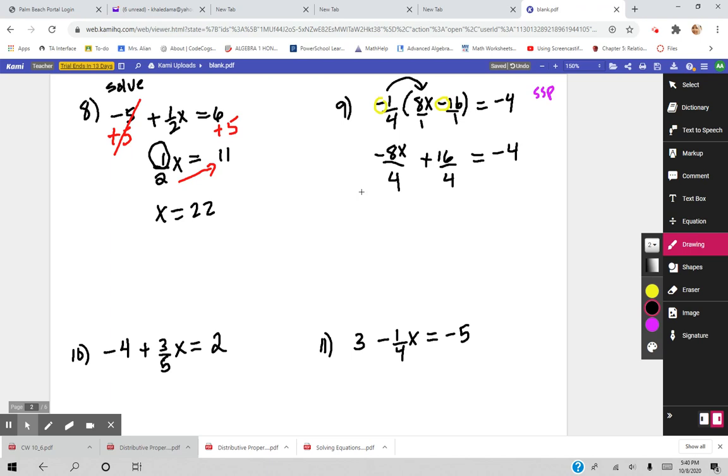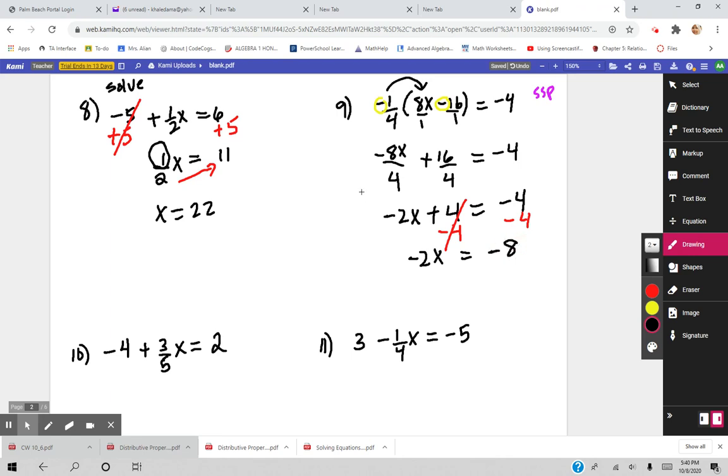Equals -4. Now let's simplify that. -8 divided by 4 is -2x. Plus 16 divided by 4 is 4. Equals -4. Let's create a zero pair here to eliminate the plus 4. So we'll have -2x equals -8.